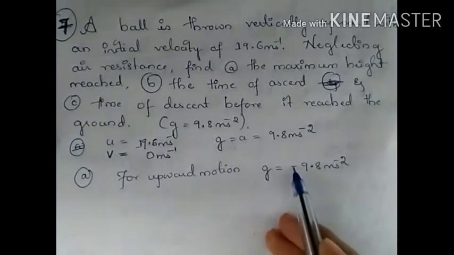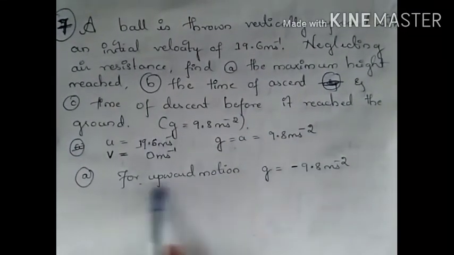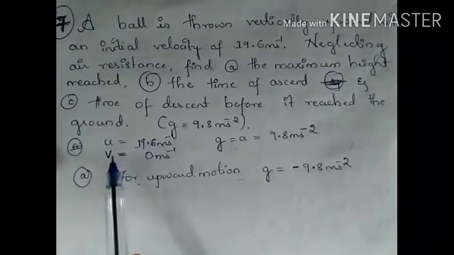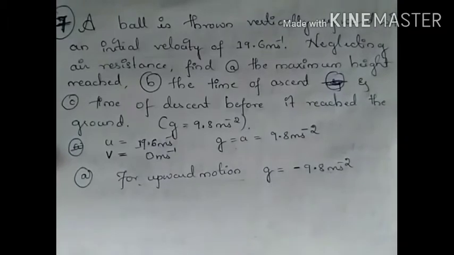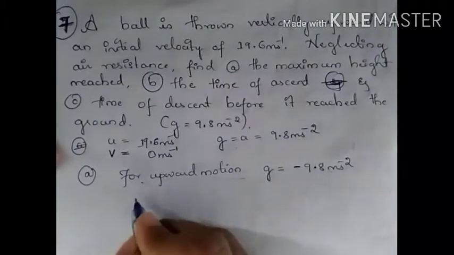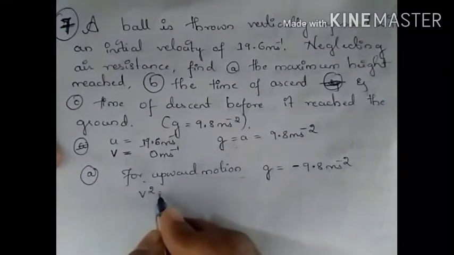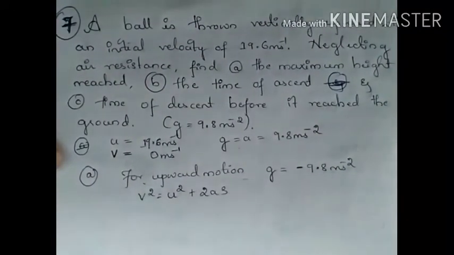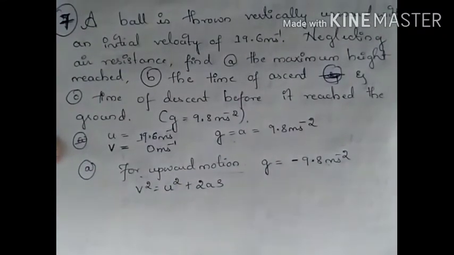So we have to take the value of g for upward motion as negative. Now you have v, you have u, you have g, so from this we can find the height. We can use the kinematic equation v square is equal to u square plus 2as.